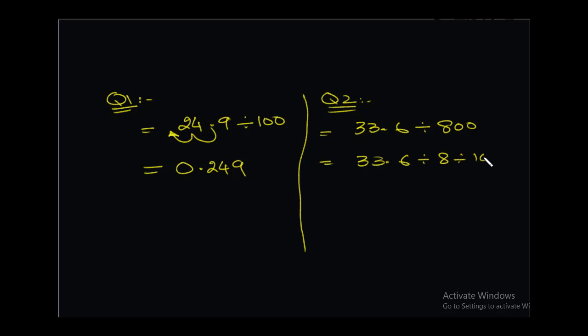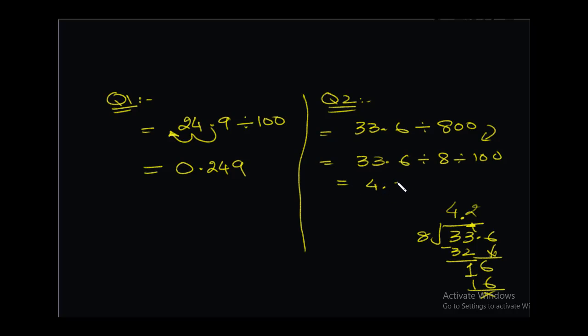Now I would like to divide 33.6 by 8. 8 4s are 32, minus, we get 1, the point will move on the top of the line here, and 6 will come down, and 8 2s are 16. So the answer is 4.2 divided by 100.